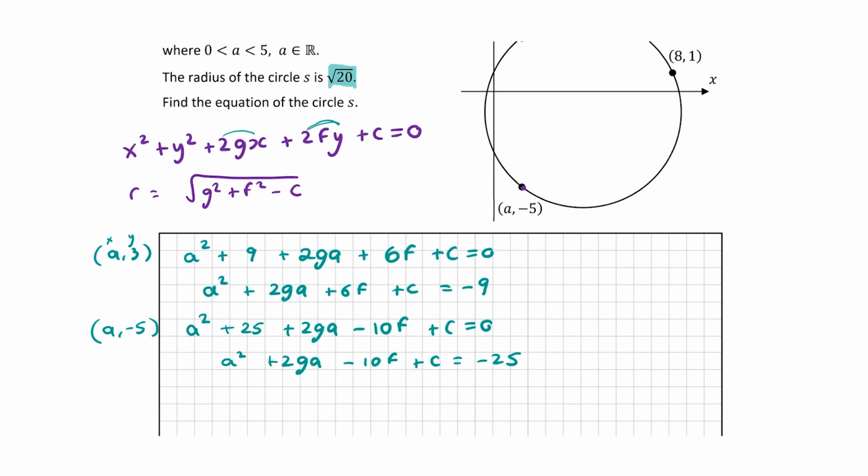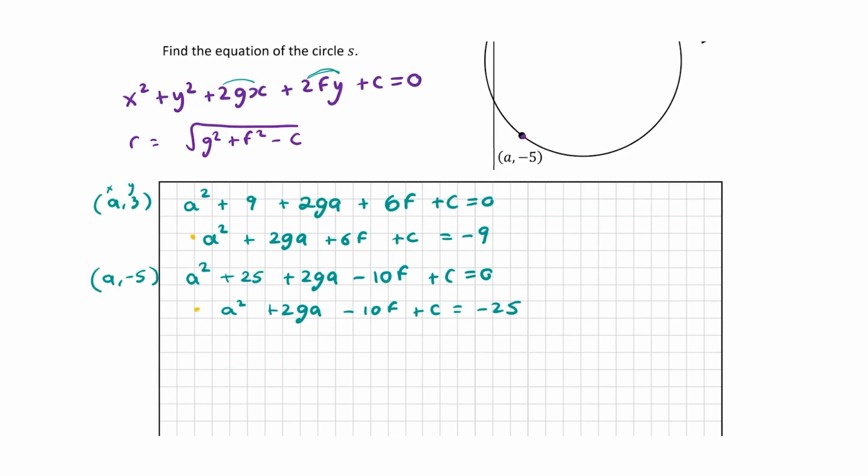We can see now that there's a lot of similarities between these two equations. So let's see what we can cancel and what we're left with. So I'm going to bring this top one down here, and I'm going to change the sign right across. So I have minus a squared minus 2ga minus 6f minus c is equal to plus 9.